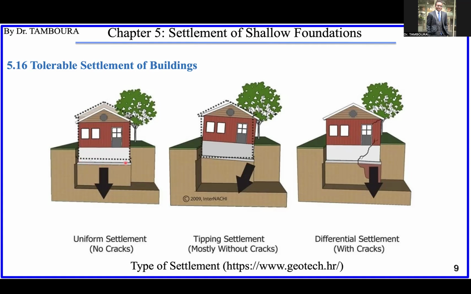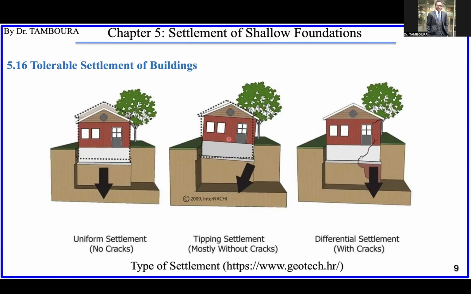Okay, all sides of the building, the four sides of building, all settling the same way, same speed or same amount of settlement. Okay, if you have that kind of situation, the building will not present any visible crack, no damage on the building. Okay, but maybe you might have some damage in the utility. We'll talk about that later.